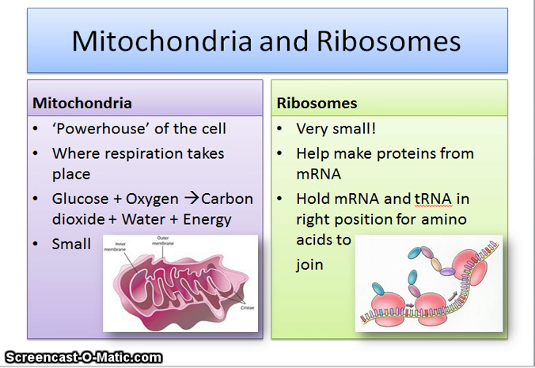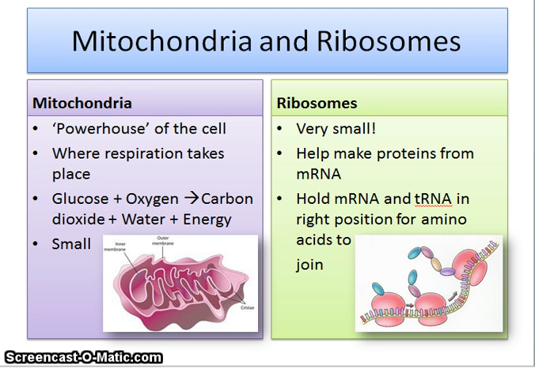Let's look at two other structures that you're going to come across in the cell. First, the mitochondria. If you looked inside a cell it basically looks like a little sausage, but without this you just wouldn't be here, because this is where respiration takes place. When your glucose is taken in through your food and absorbed through your intestines into your cells, that glucose has to go into the mitochondria.